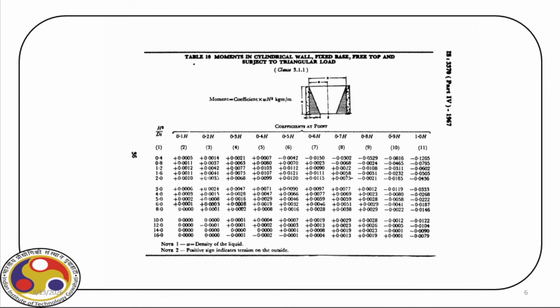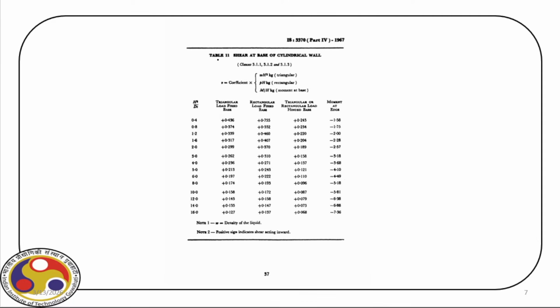Then table 10 gives us the coefficient for moments, and that coefficient multiplied by omega H square will give us the moment. And here again you see H square by DT is varied, and we get the coefficient for moment. Then finally in table 11 we have the coefficient for shear.